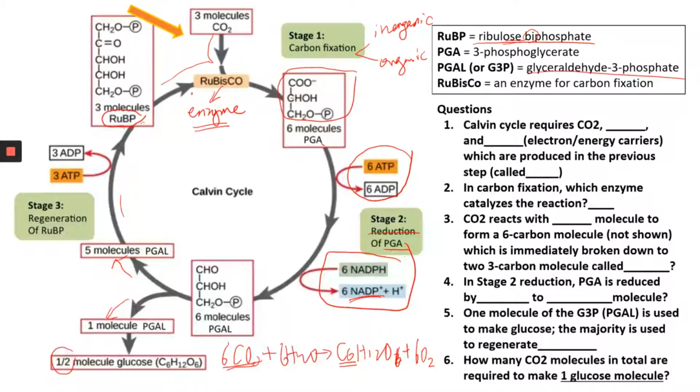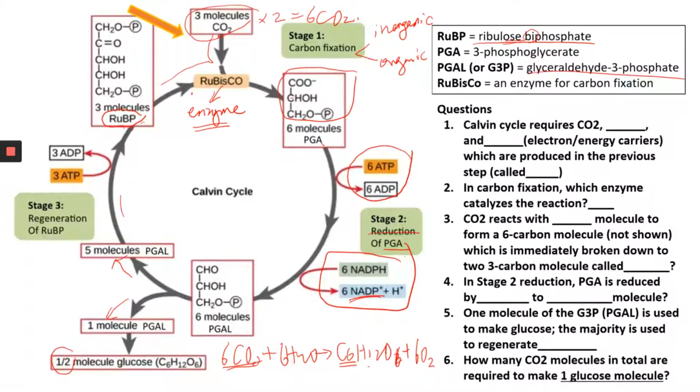And that's because there are 6 carbon atoms in glucose. So each carbon dioxide only has 1 carbon, right? So you need 6 carbon dioxide in total. So if you put in 3 molecules of carbon dioxide, you're going to get half molecule of glucose, right? So that means in order to make 1 molecule of glucose, you are going to have to double this amount. So you're going to put in 6 carbon dioxide.